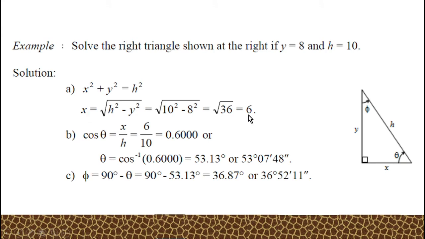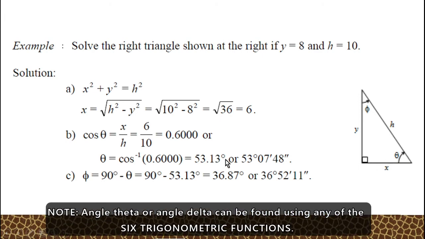Since we already have the lengths of the sides of the triangle, we can use the cosine function to find the angle. So we have cosine theta is equal to x over h, since x is your adjacent and h is your hypotenuse. So x is 6, h is 10. Therefore, our theta, or angle, is 53.13 degrees.